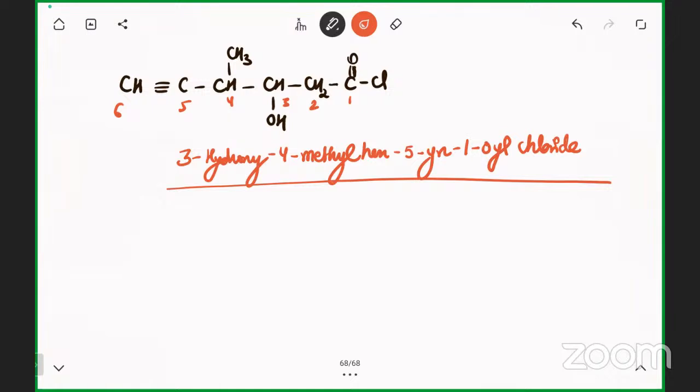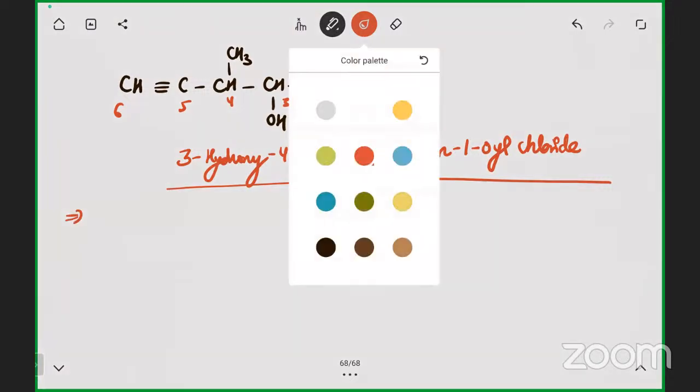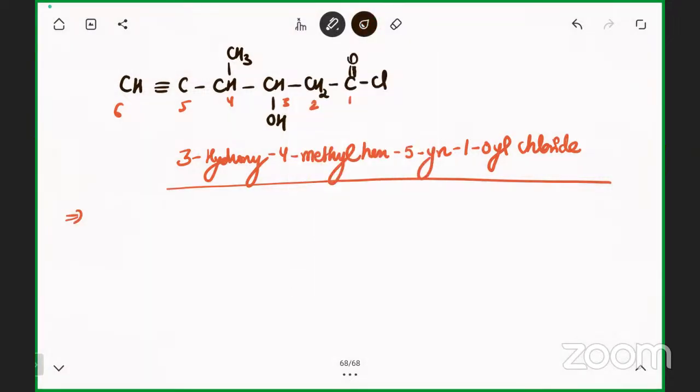Yes, sir. Okay. But what will you do when you're having two similar functional groups? For example, COOH, then CH double bond CH, single bond COOH.